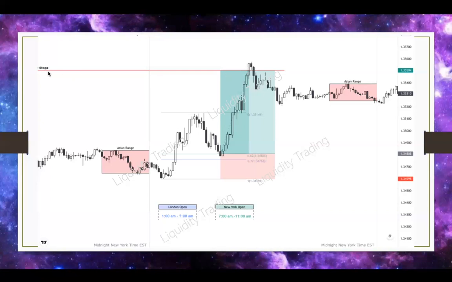The market takes out an old high, marked by this red horizontal trend line, trades back down and starts consolidating again in the Asia range. Again, London Open created the low of the day and high of the day, then a retracement back into New York Open, and then another rally up.